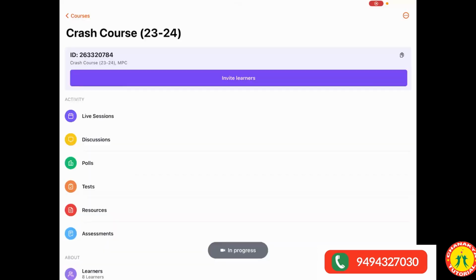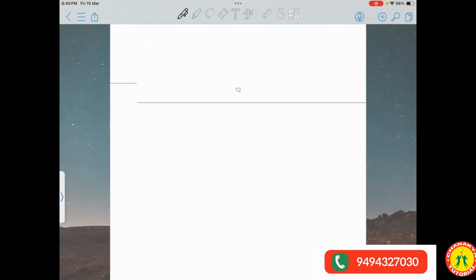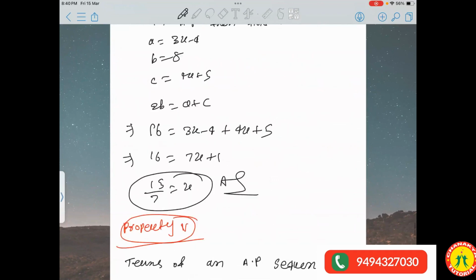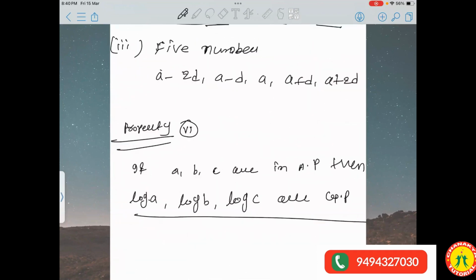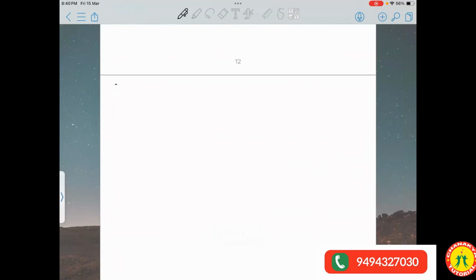Last class, I think I discussed AP, right? Property. So now I'm giving one question on the topic of AP property. Solve it.